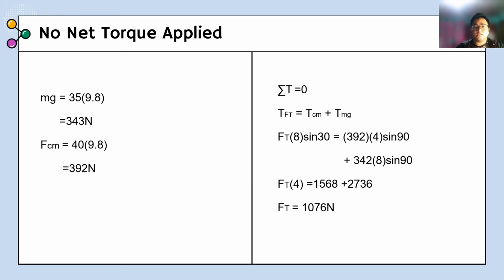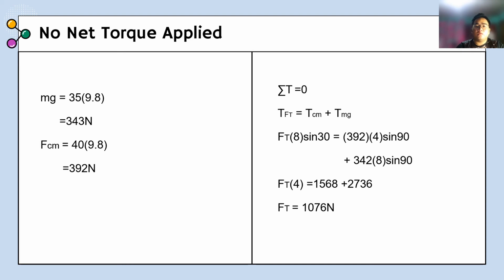In this situation, no net torque is applied, so the summation of torque is equal to 0. From this situation, we can derive the equation: the torque from the tension in the cable equals the torque from the long rod plus the torque from the traffic light.